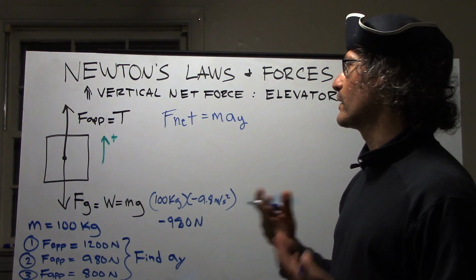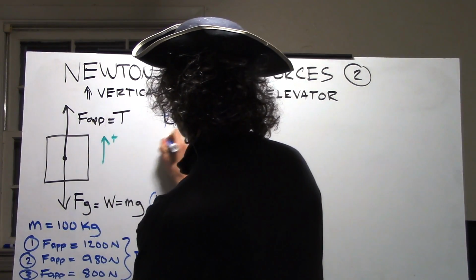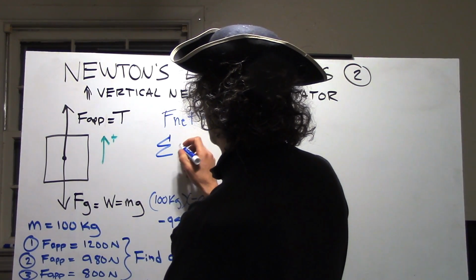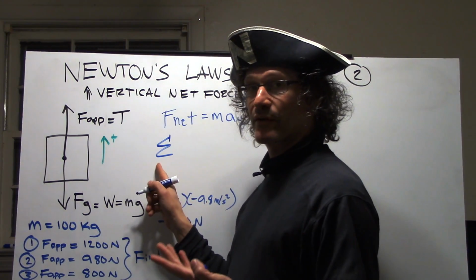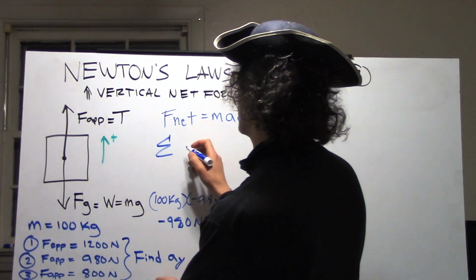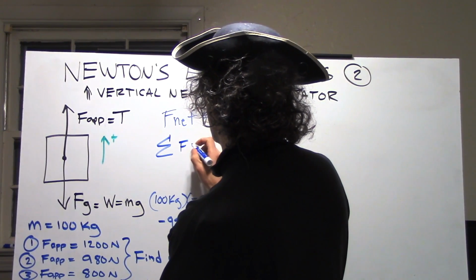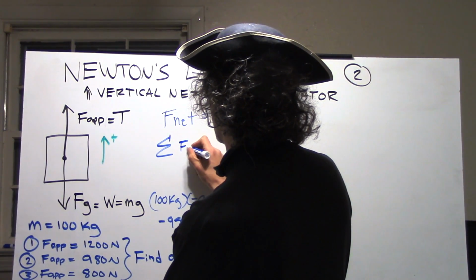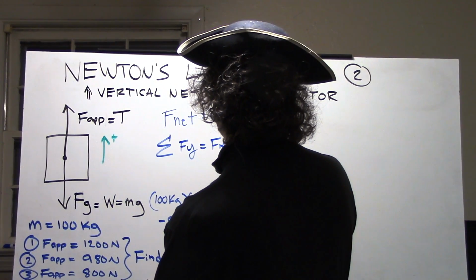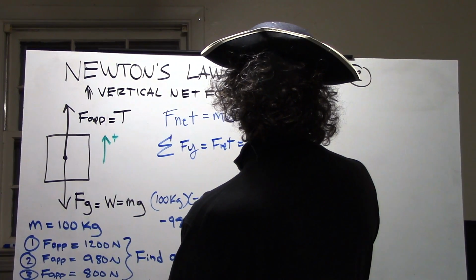All right. What is F net? Well, F net, again, is the sum of any of the forces, and we're looking for that leftover force. So it's called the sum of all the forces. As a reminder, this symbol here is capital sigma and represents summation. So it's the sum of all the forces in the y direction equals F net, and that equals m a y.